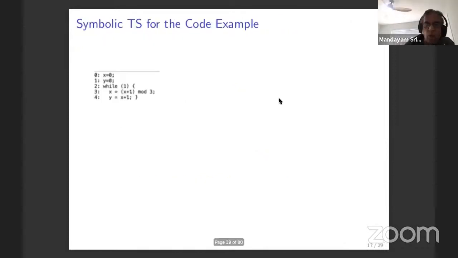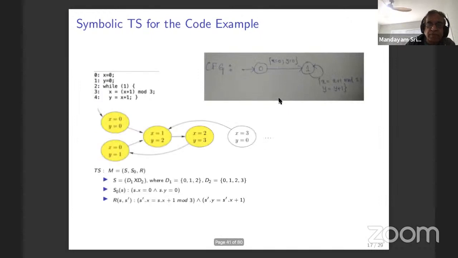So let's see how we could represent the transition system for the code example. This is what I call a symbolic representation. I'm sorry, this domain has to be NAT. There's a mistake here. This D1 is NAT cross NAT. So the initial state will now be a predicate, which is described by this formula.